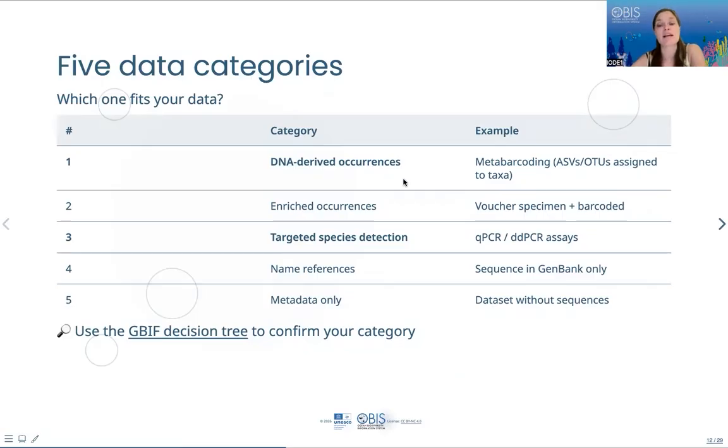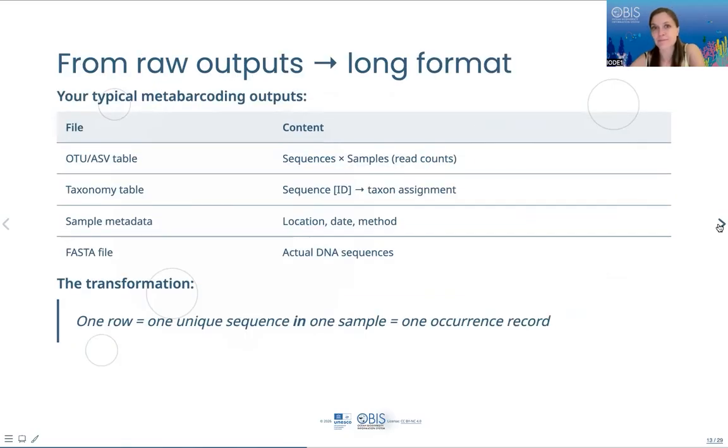We would also have enriched occurrences, which are voucher specimens that are barcoded, targeted species detection, which is qPCR, named references, which are sequences in GenBank, and then metadata only, which would be a data set without sequences. There is a decision tree in the guidebook, which can help you confirm your category if this is unclear.